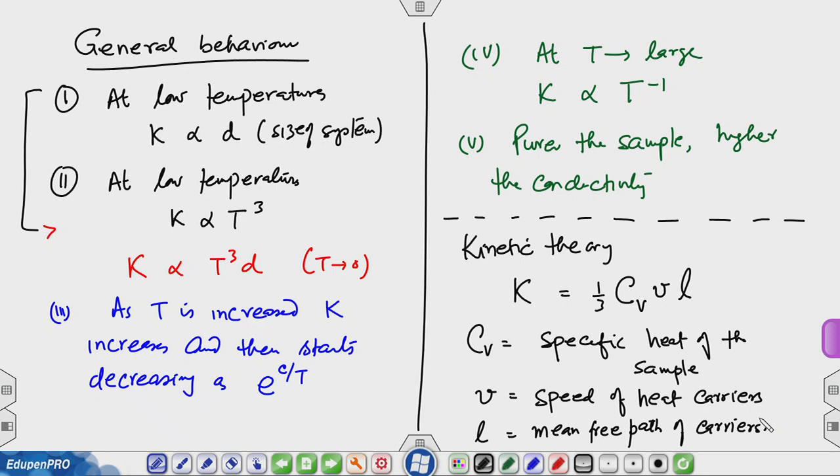So, we got to analyze each one of them and see how they give rise to the behavior that we are seeing.